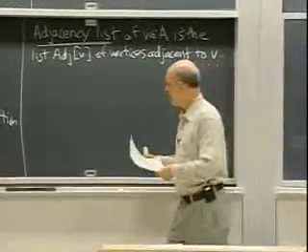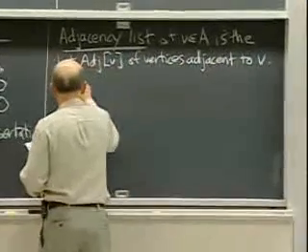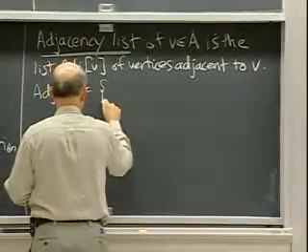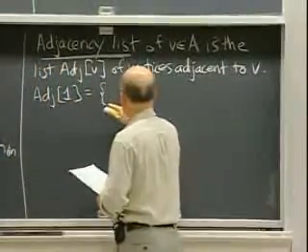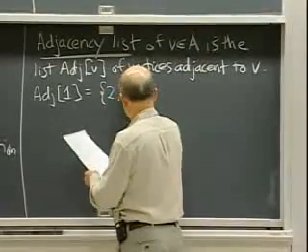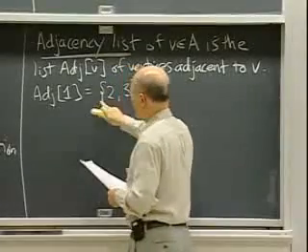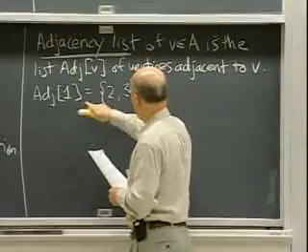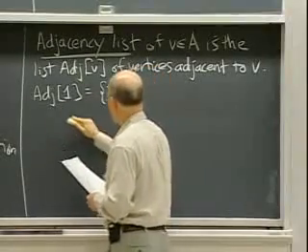So in this graph, for example, the adjacency list for vertex 1 is just the list, or the set, of 2, 3, because going out of 1 are edges to 2 and 3.